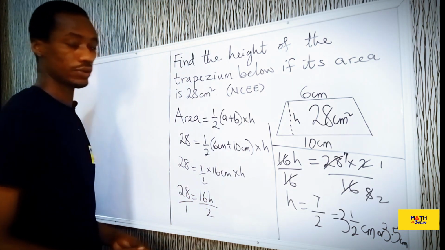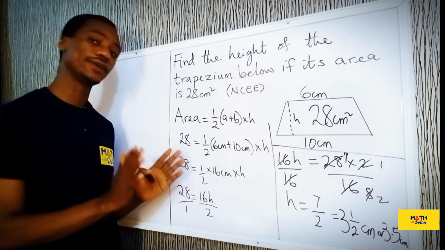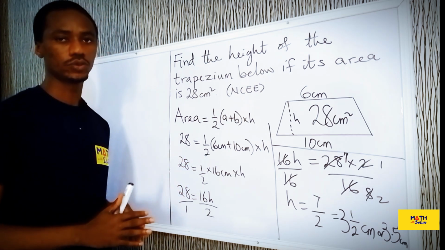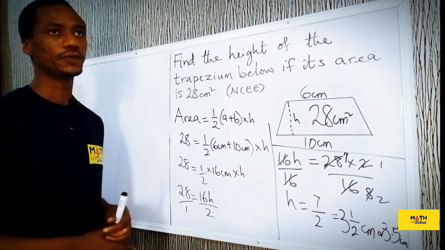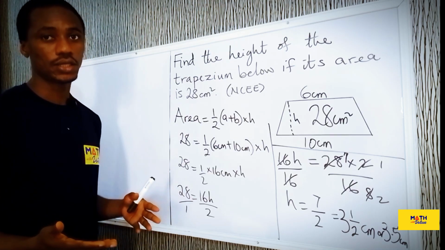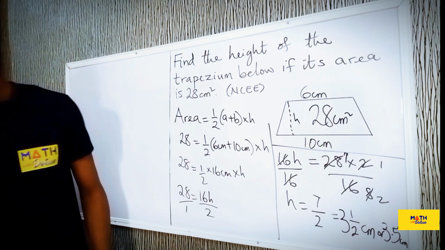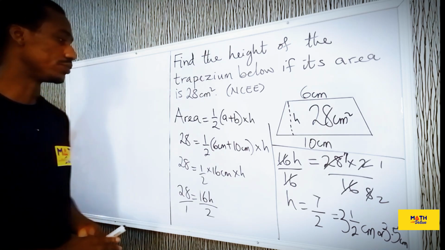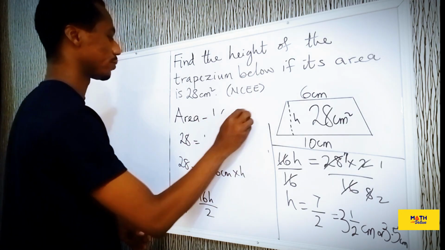This is if you're very comfortable with your algebraic processes, your algebraic procedure. But if you can master the formula, then when you are to find the height of a trapezium, you can take that from the formula.